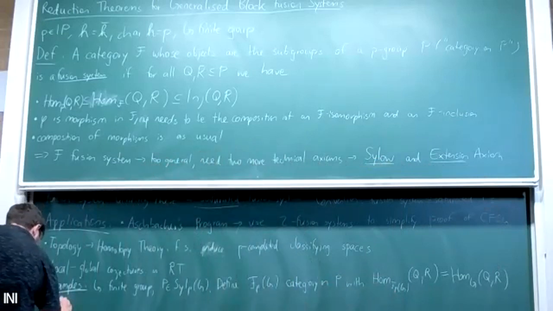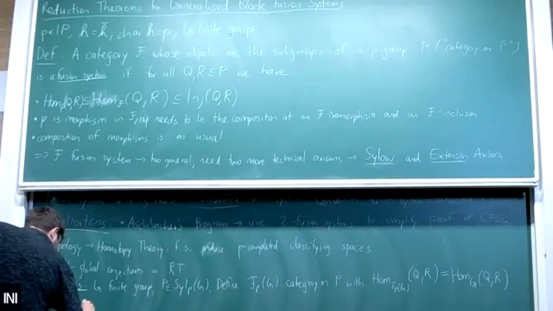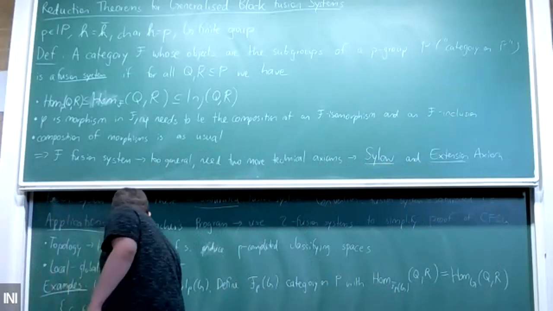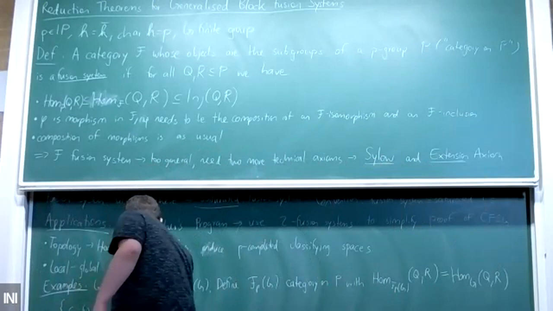So that means it's all conjugation maps from Q to R where it's well defined, so G acting on Q needs to be in R.